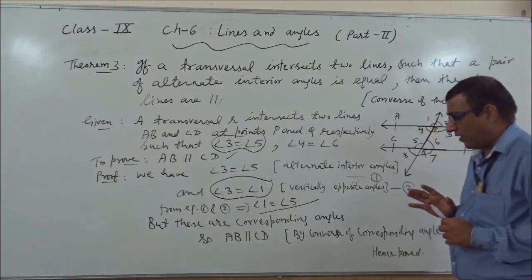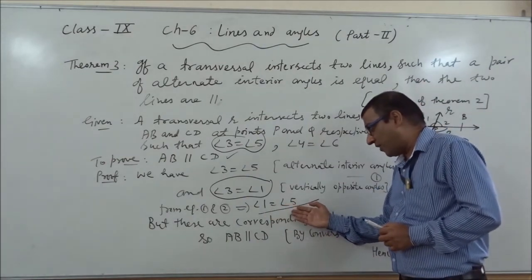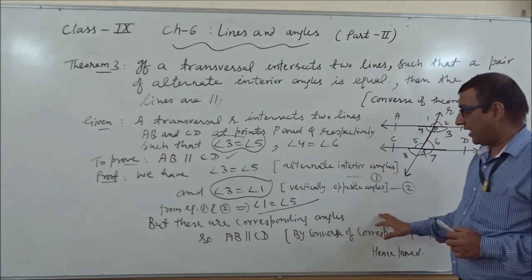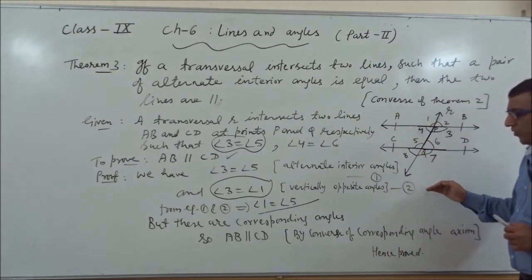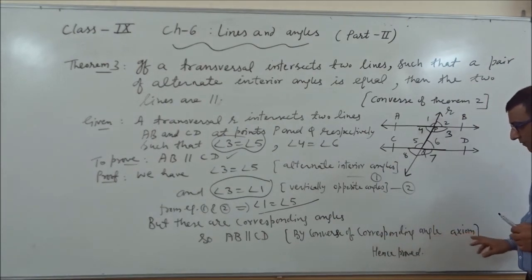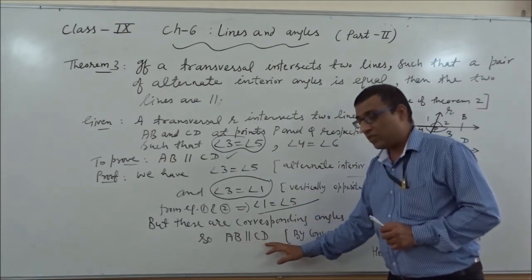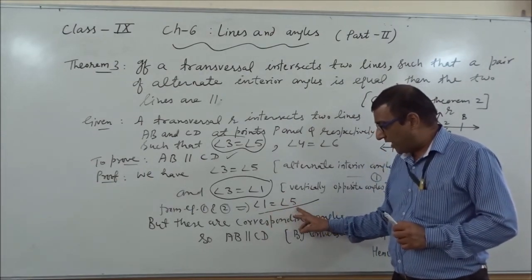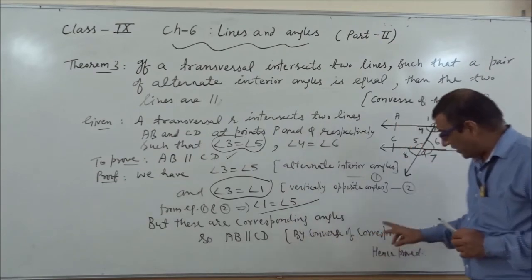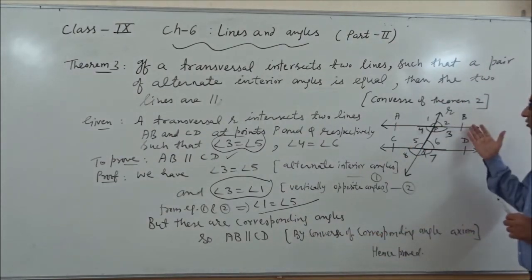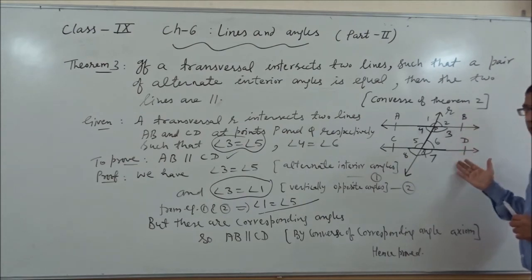If angle 1 is equal to angle 5, it means we are discussing corresponding angles. And with the help of the converse of the corresponding angles axiom, we can say these two lines are parallel. Otherwise it is not possible.